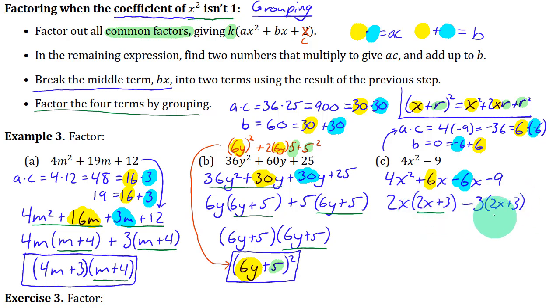So this is the common factor in these two big terms now, 2x plus 3. So you can write this as (2x minus 3) times (2x plus 3). And that is the answer to this one.